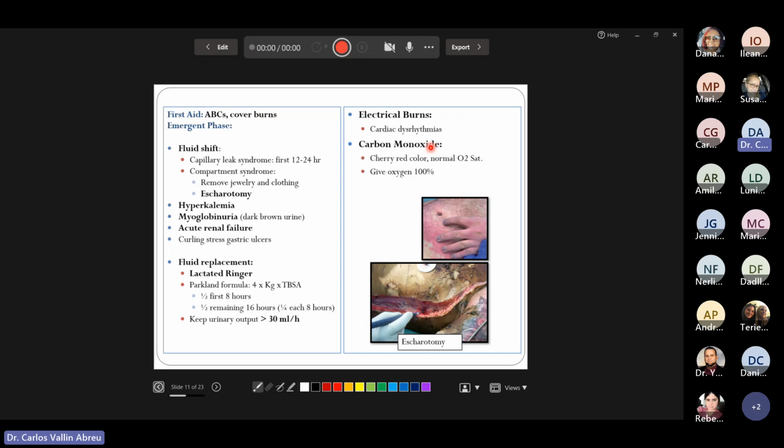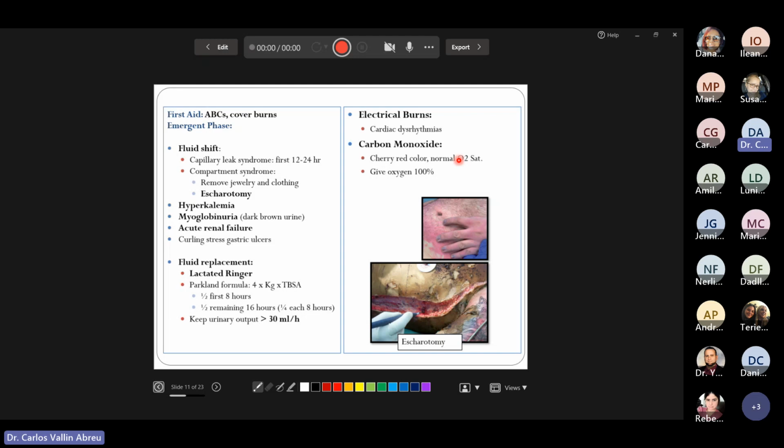This substance produces a modification, an abnormality in the hemoglobin, and then the hemoglobin is able to take up oxygen in the lung while passing through the lungs, but then the hemoglobin doesn't release the oxygen to the cells, to the tissues.